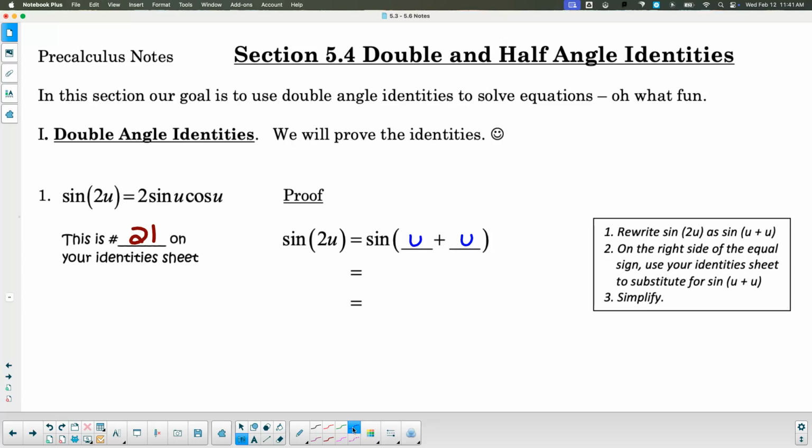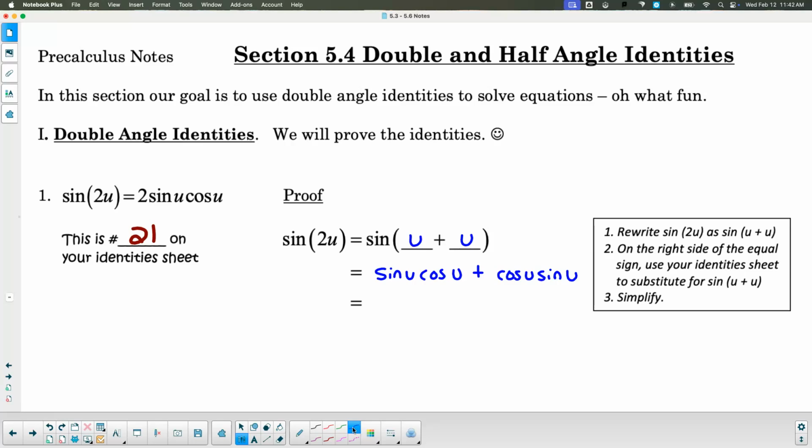Now I can use what we just learned. The sine of u plus u would be number 19. So identity 19 would say that this is the sine of u cosine of u plus the cosine of u sine of u. Agree?